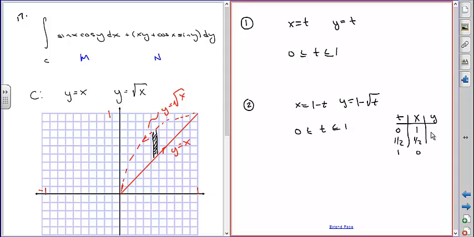Now for y, which is 1 minus the square root of t: if you put in 0, you get 1, and if you put in 1, you get 0. And if we put in a half, we'll get a quarter. So it's 1 minus a quarter, which is 3/4. So when x equals a half, y is 3/4. Yeah, I think you're right.